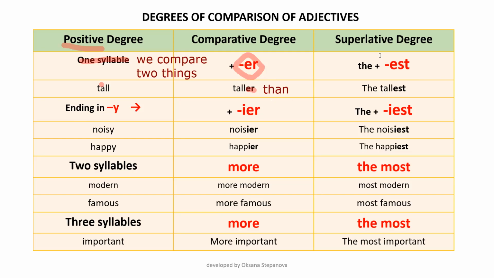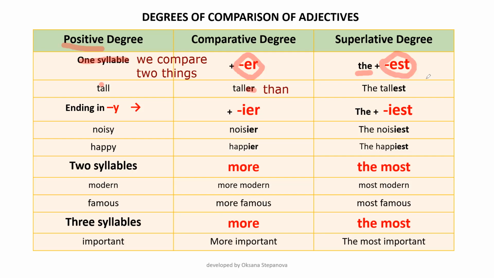In the superlative degree, it tells us that something is standing out of all. It's the most of all or the least of all. We add the suffix est, mostly to one syllable or two syllable adjectives. And we have the.